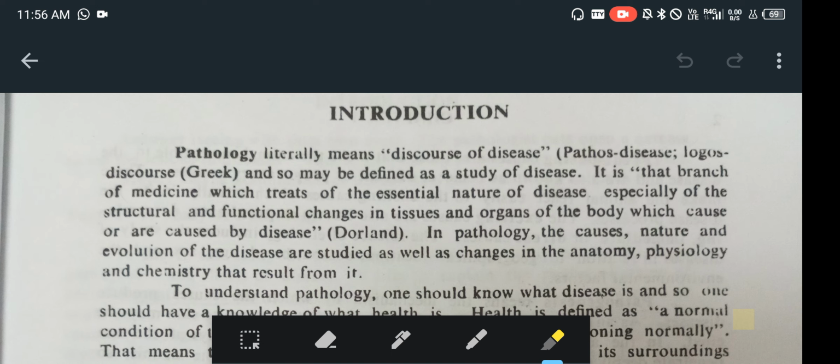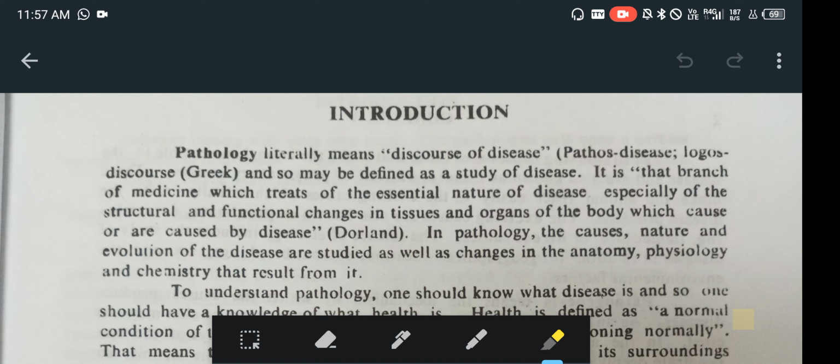We already know that. And when we study that disease, that is known as pathology. Pathology means the discourse of the disease, in which pathos means disease, logos means discourse, and it may be defined as the study of diseases.